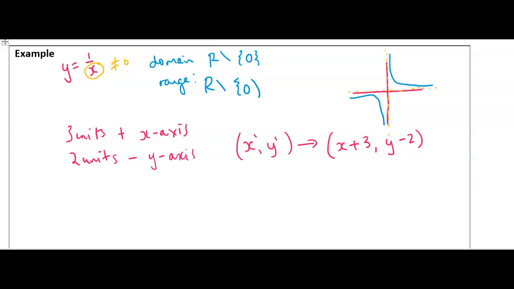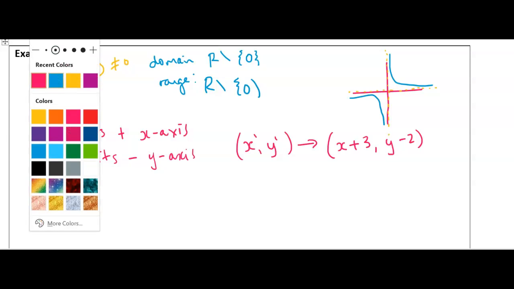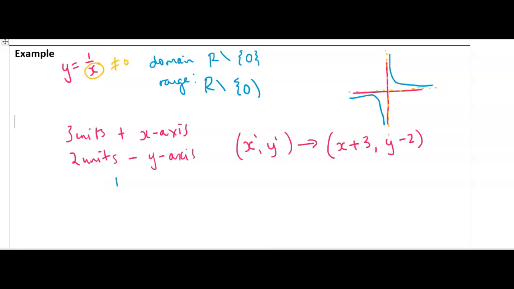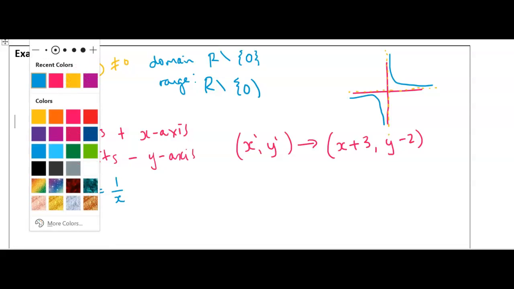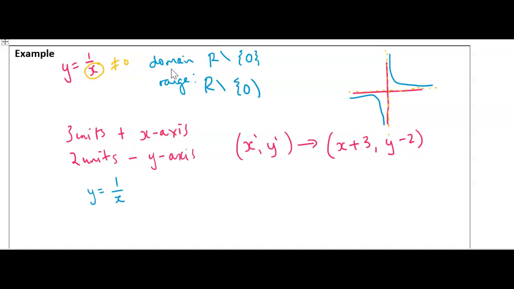Now, what I need to do is say, well, my original function is a hyperbola, y equals 1 over x. And I need to put in these new points, but I don't put in x plus 3, y minus 2. I have to say, well, my new x value is equal to x plus 3, and my new y value is equal to y minus 2.